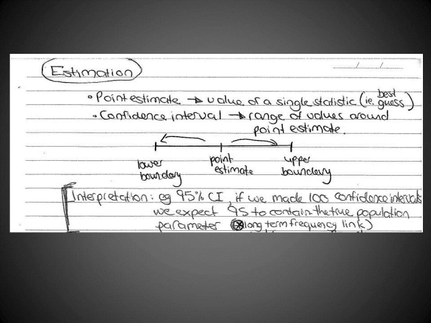Now, when you go through this process just once in real life, obviously your one confidence interval is either right or wrong, but you know the odds of how likely it is to be correct.